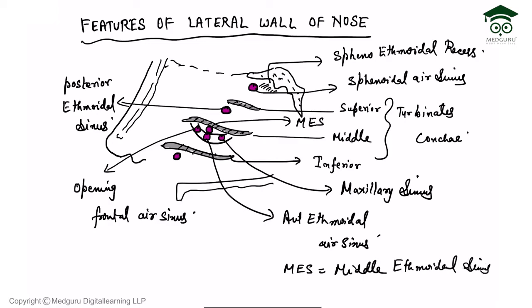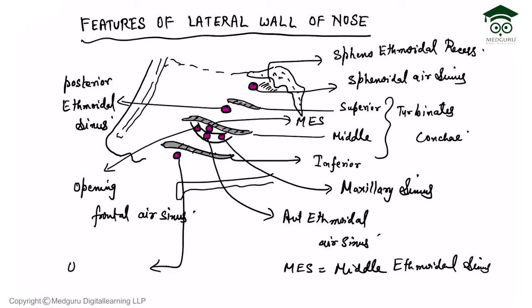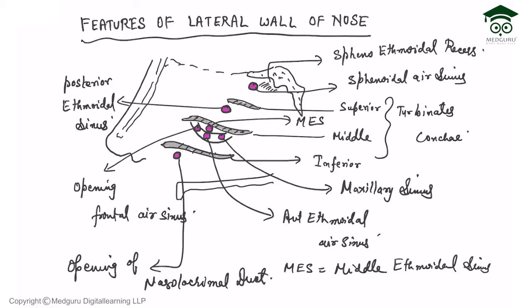In the lowermost part, the inferior meatus, we have the opening of the nasolacrimal duct. We have to show the openings of all these important structures in the lateral wall of the nose.